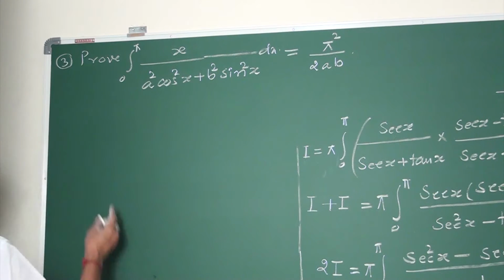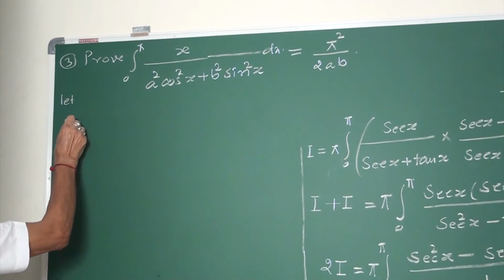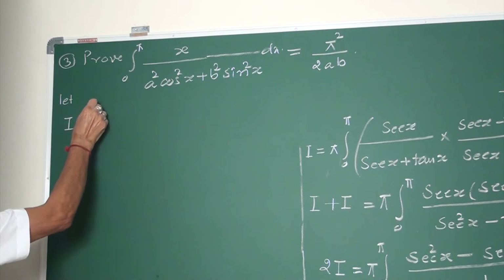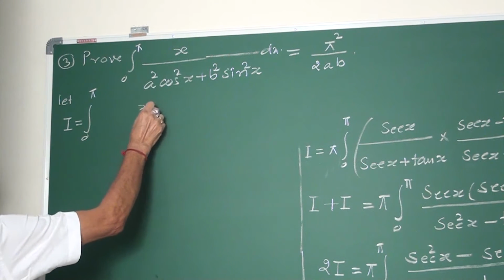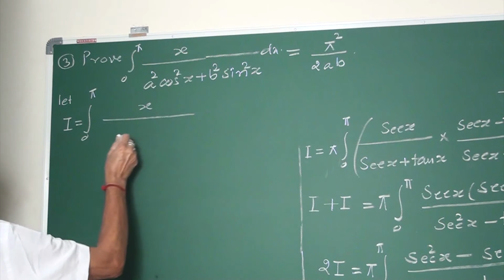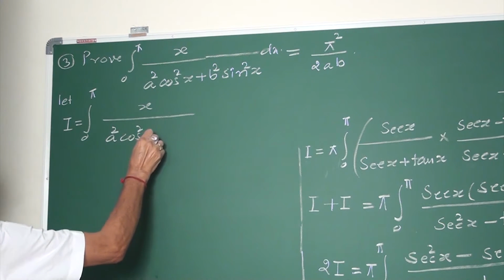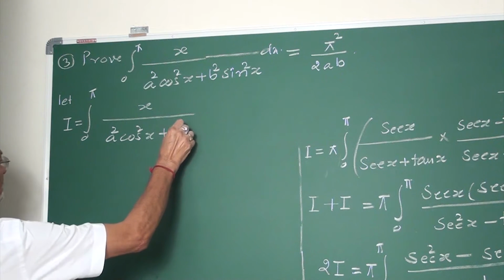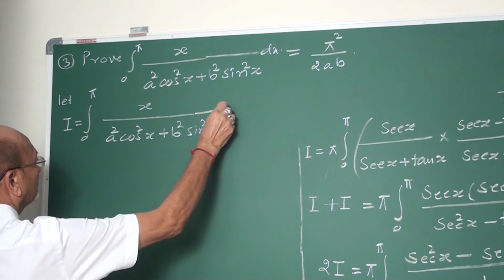First, let I equal to the given integral, 0 to pi, x upon a square cos square x plus b square sin square x dx.